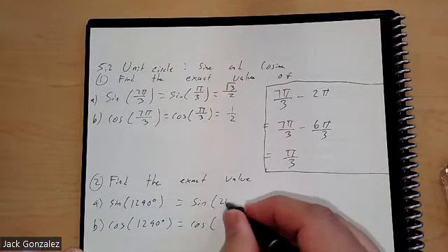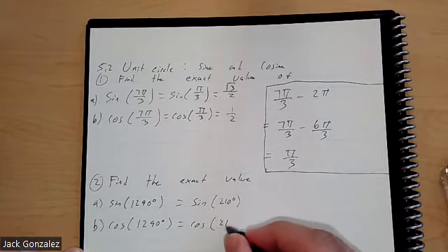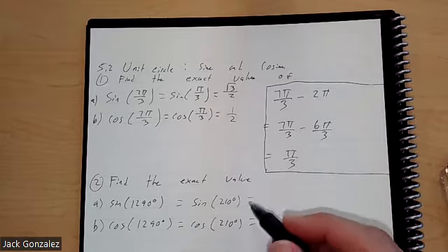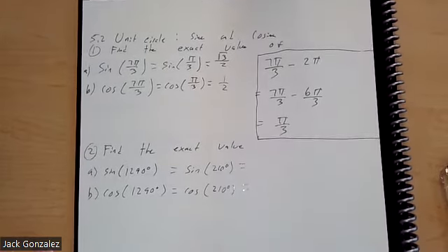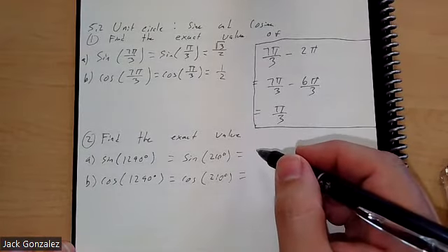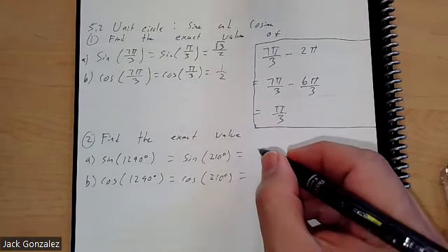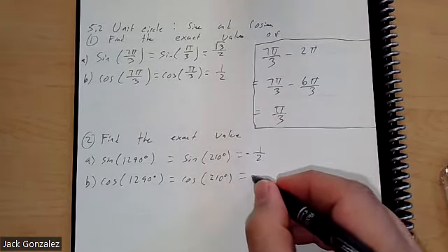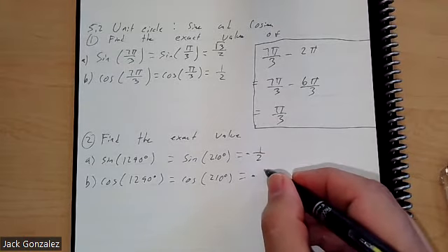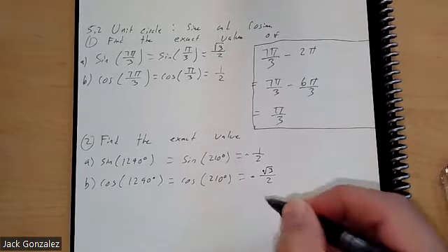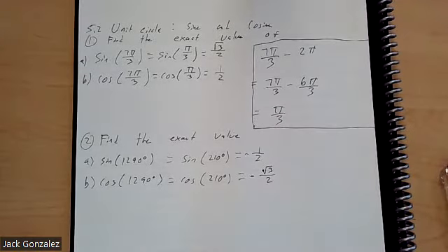So I'm going to get 210. What is the x and y value for sine for 210 degrees? What did you get for sine? 1/2? Yeah. That's quadrant 3, so they're both negative.